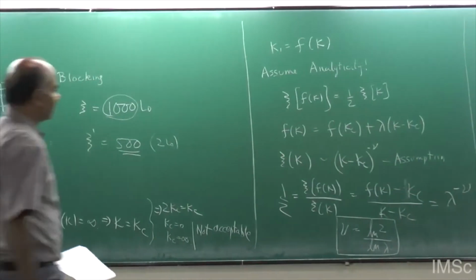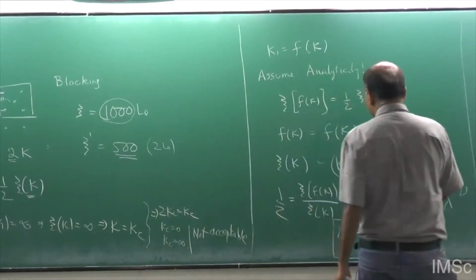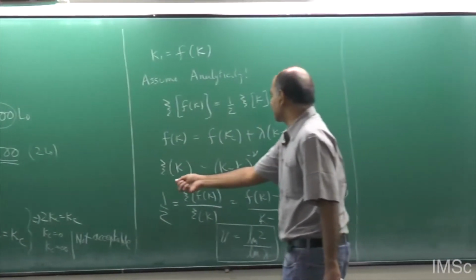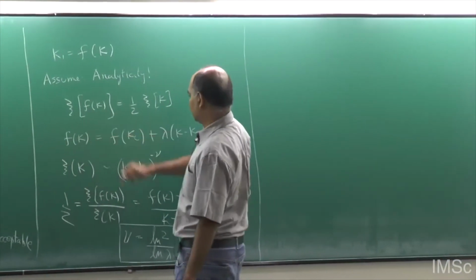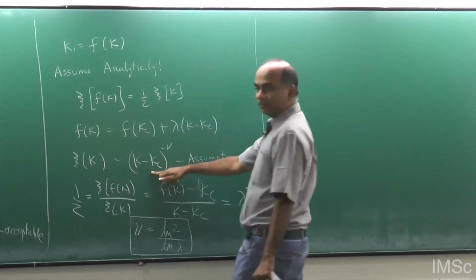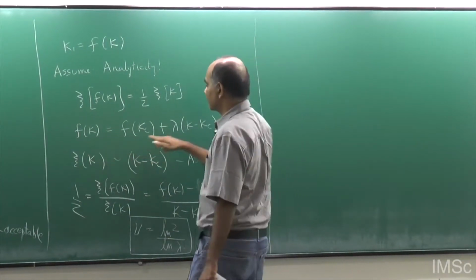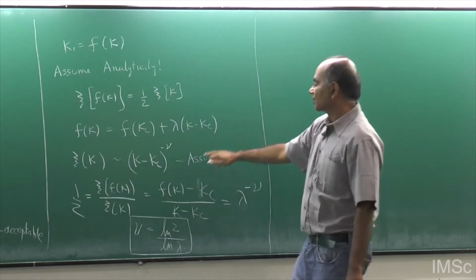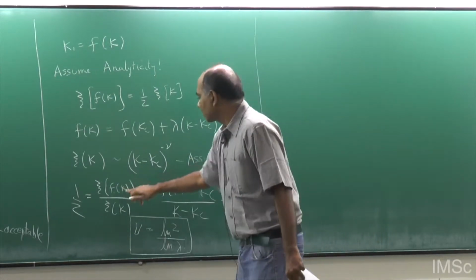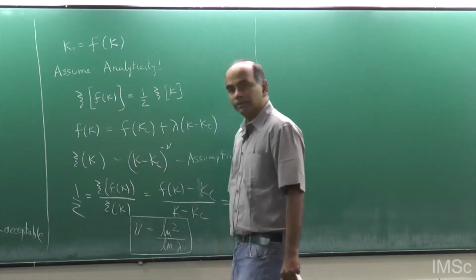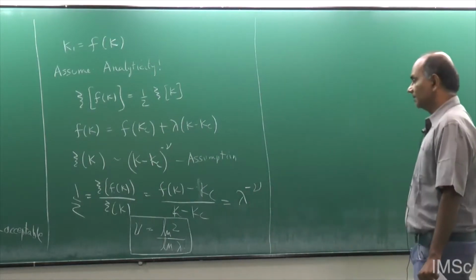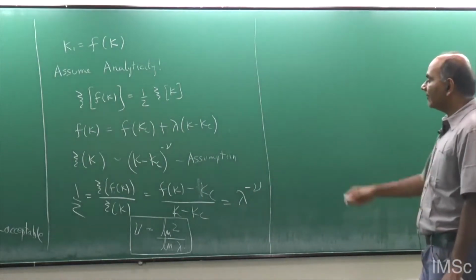Oh, why is this half? No, I assumed that C of k has this form, and I assumed that F of k has this form. So you put F of k here: F(k) minus F(kc) over k minus kc, to the power of minus nu.